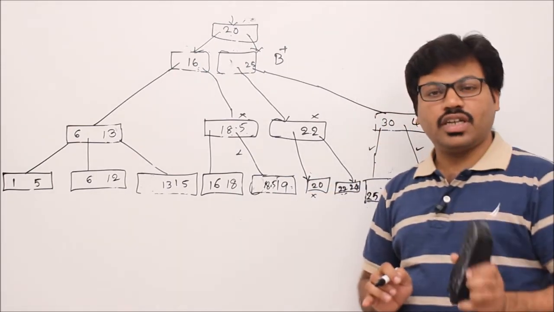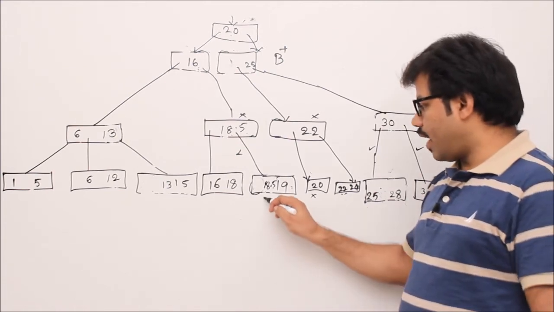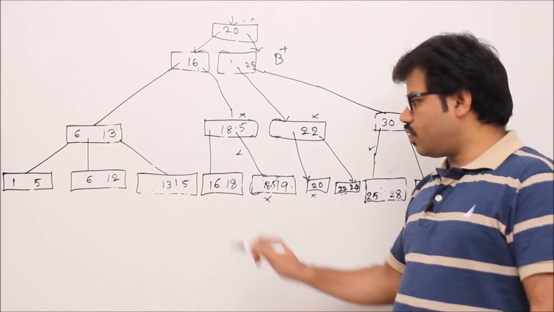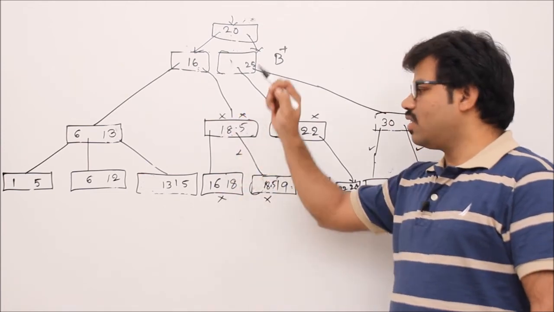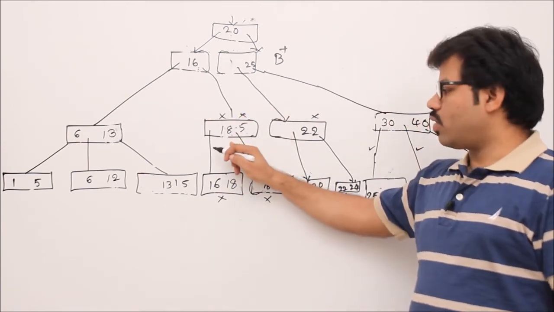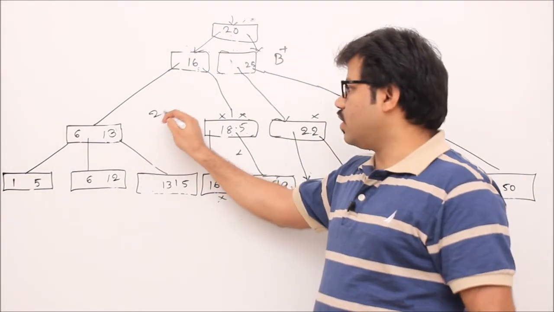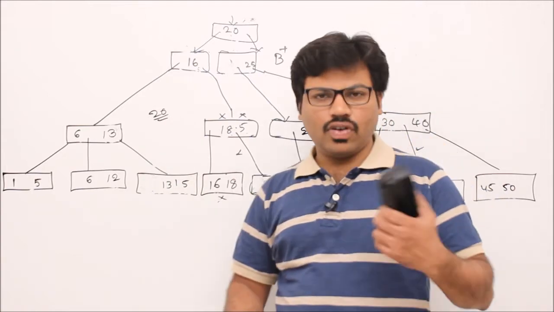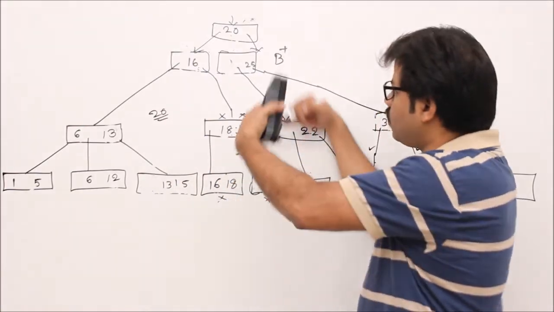If you see redistribution, how many nodes are you accessing? For example, for 18.5, I access this node, one block transfer, and you accessed just the parent. So one more, right? 3. But if you have, let's say, 20 levels in your B plus tree, and in the worst case you are using node splitting, then so many blocks we have to visit.